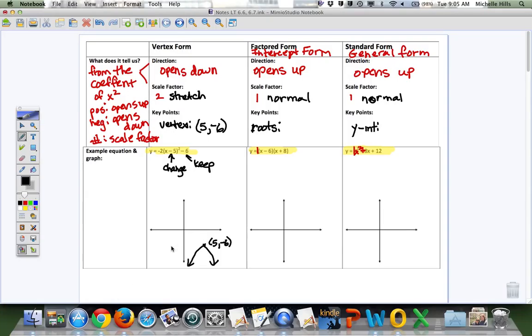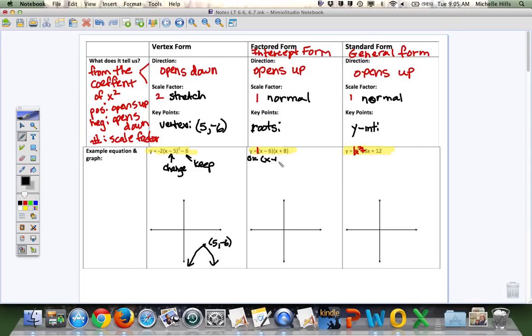I can tell at a glance it's not going to have any roots because it never touches the x-axis, but just glancing at the equation, you don't have to tell me that. You should know from the last unit that on the x-axis, y is 0, so we're really solving the equation to find the intercept.